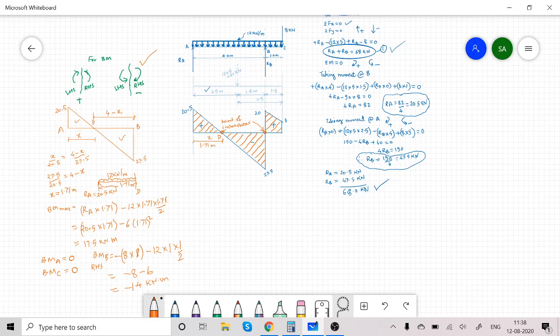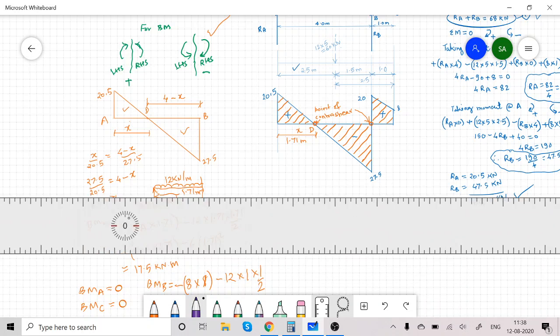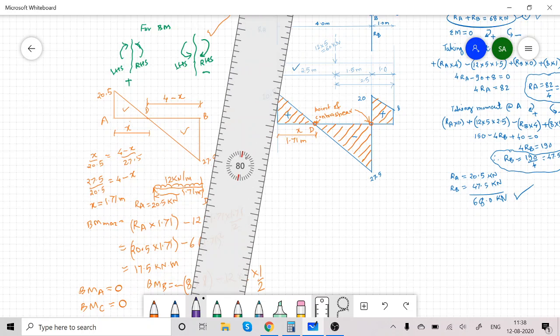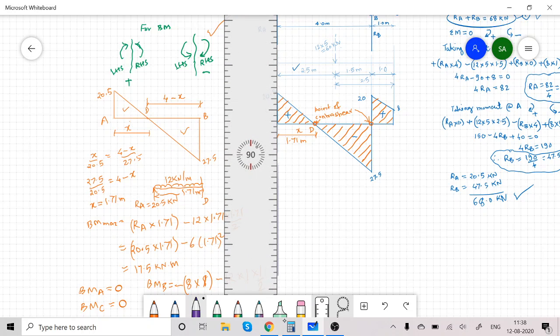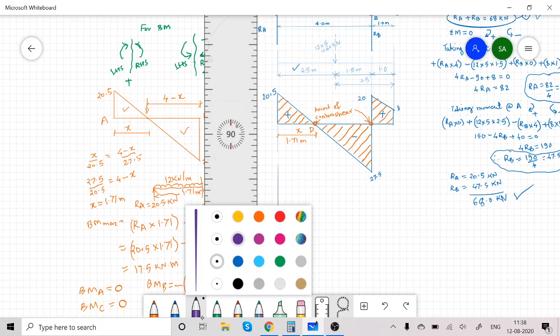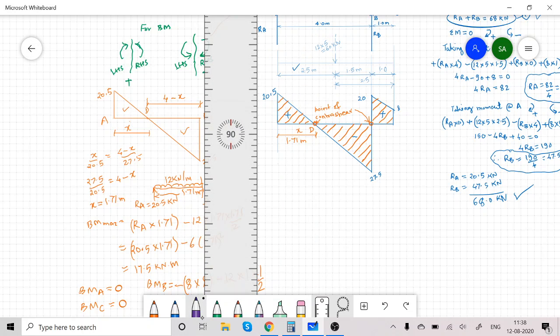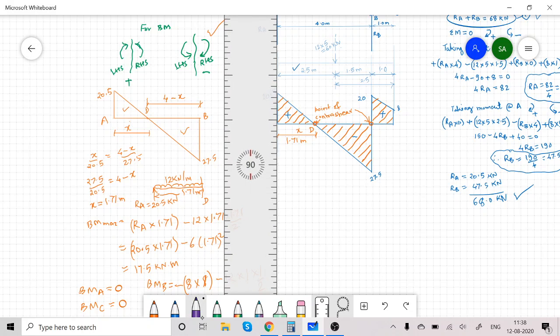We got the moment at these important points. So let us draw the bending moment diagram. I will project these lines. This is the projection of A point.